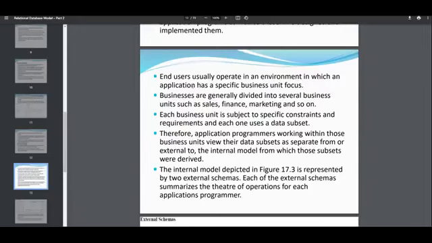These are the facts you have to be careful about when going through the external model.